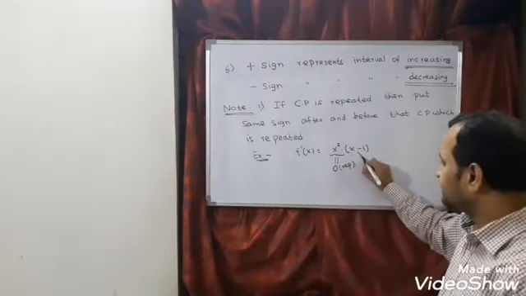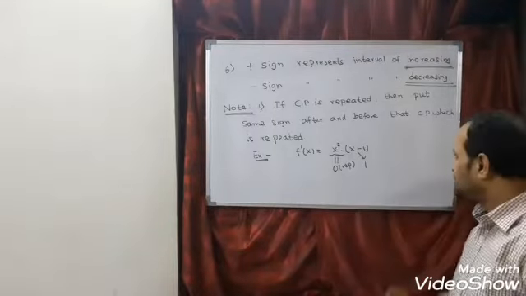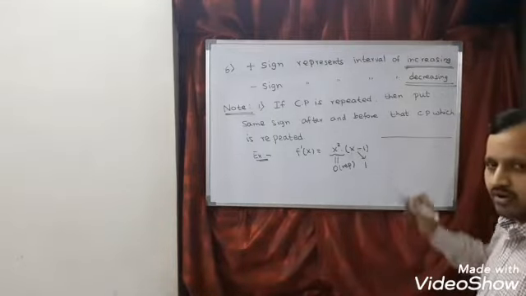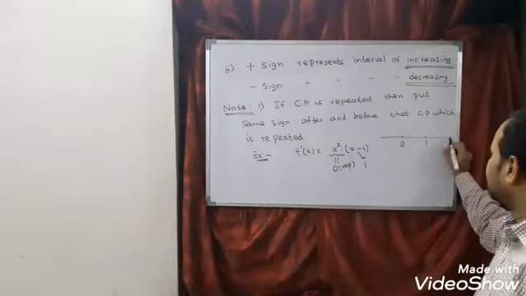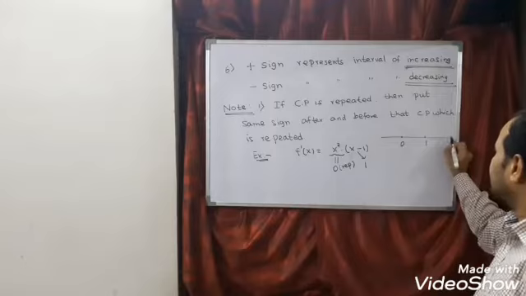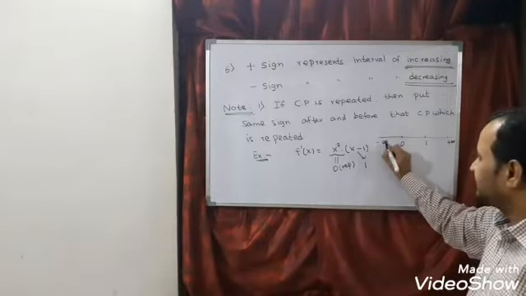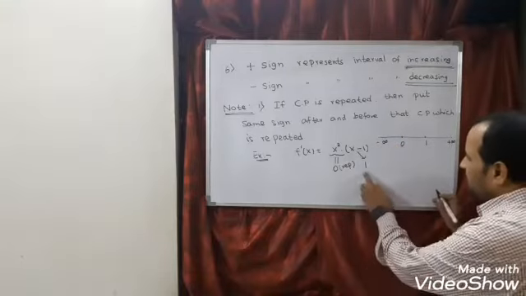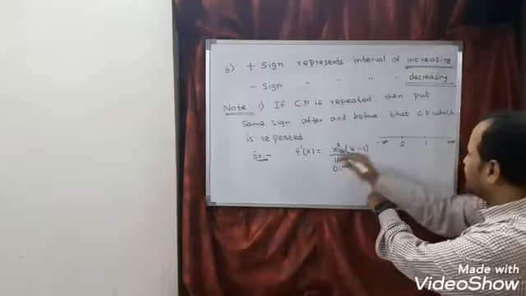And what is the critical point for this? The critical point for this is 1. So what we have to do here is plot this on the number line. 0 will come here, 1 will come here. This is plus infinity, this is minus infinity. Now see here, 1 is not repeated, and what is the outside sign of f dash x?